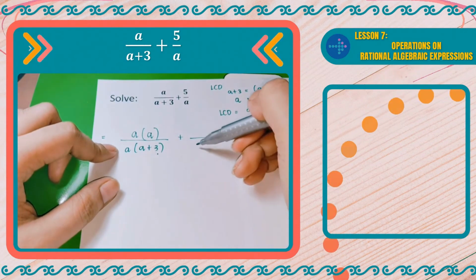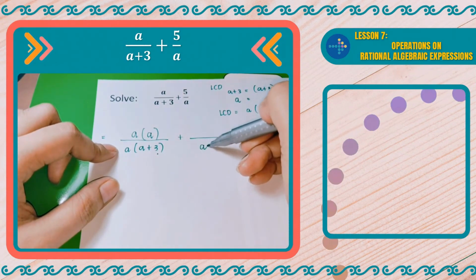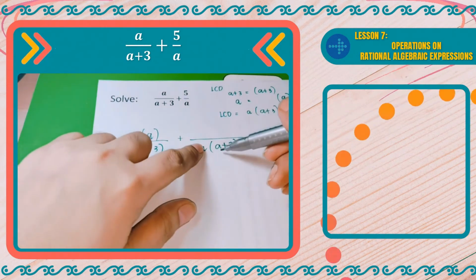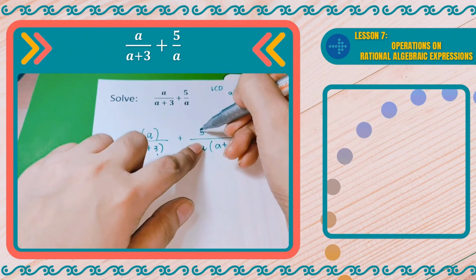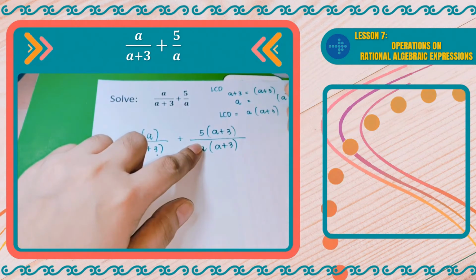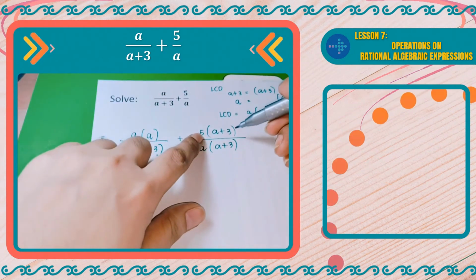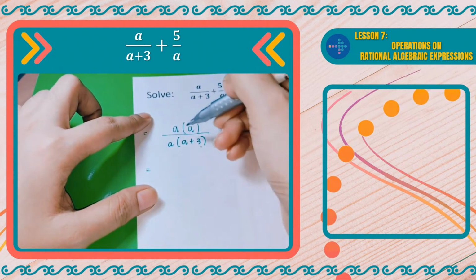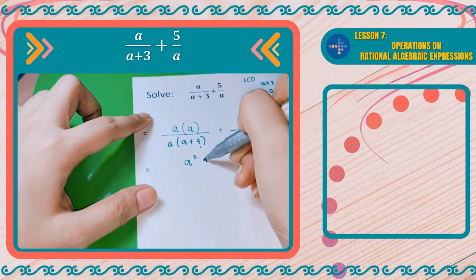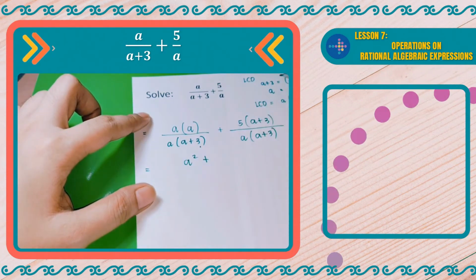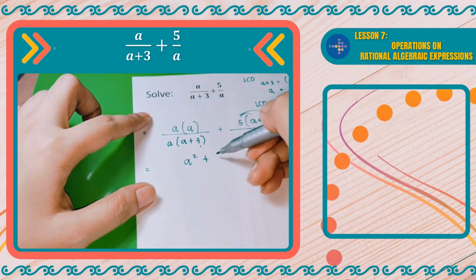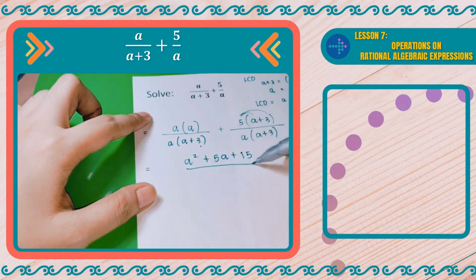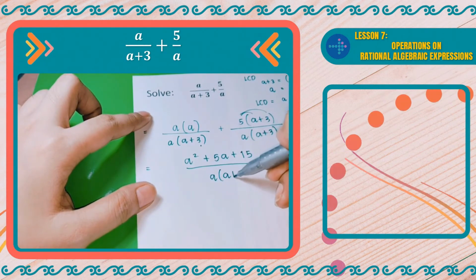Then, for the second expression, the LCD a times a plus 3 divided by a, what remains is a plus 3. Therefore, 5 times a plus 3. So, the 5 is multiplied to the quotient we got earlier. Then, simplify. A times a is a squared. Then, 5 times a plus 3 using the distributive property would be 5a plus 15 over a times a plus 3.